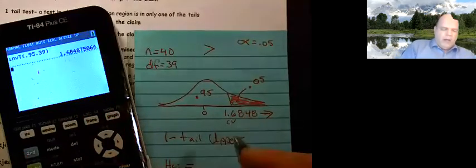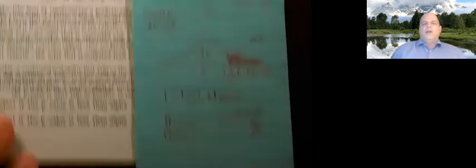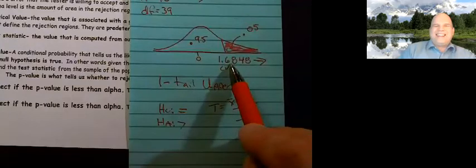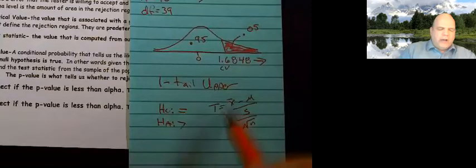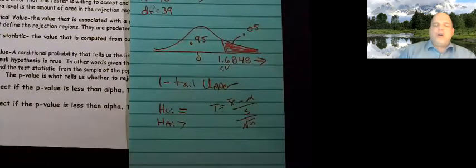So if I go ahead and I run t equals x bar minus mu, s divided by the square root of n, if I run that and I get a t value greater than 1.6848, then I need to reject the null.